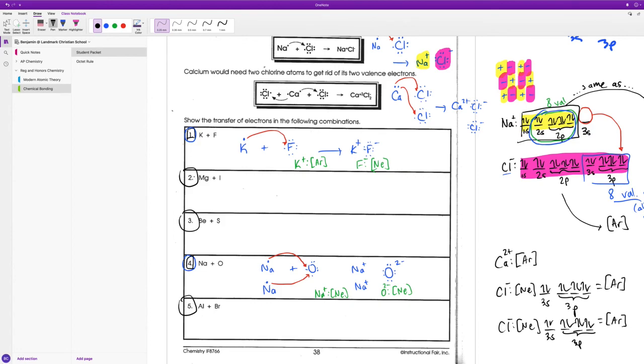But I also want you to look at 2, 3, and 4 and try to show how these things are being turned into ions and how those electrons are transferred, and also specify on your page as you work what these ions become like, what noble gases they become like. And then you should be able to answer the questions on the assessment.